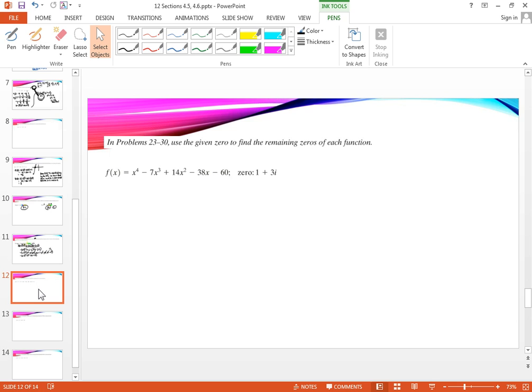So if 1 plus 3i is a 0, I know that 1 minus 3i is also a 0. If I know that the factor that contains the 1 plus 3i, that came from what? x minus 1 plus 3i, and x minus 1 minus 3i.